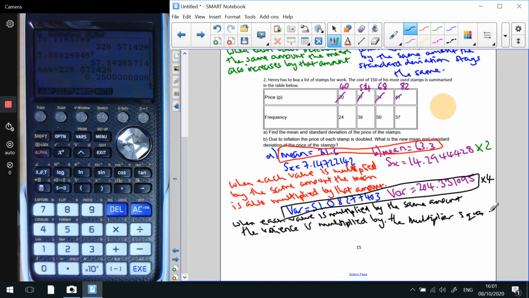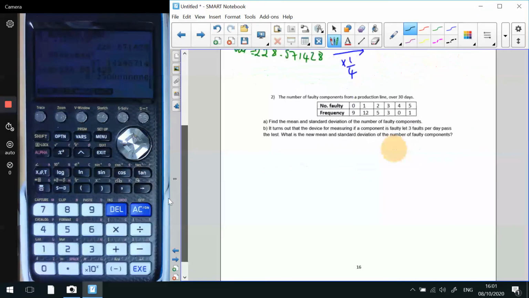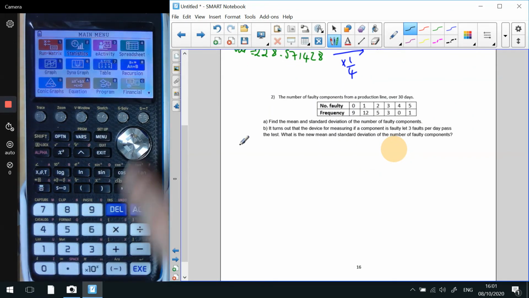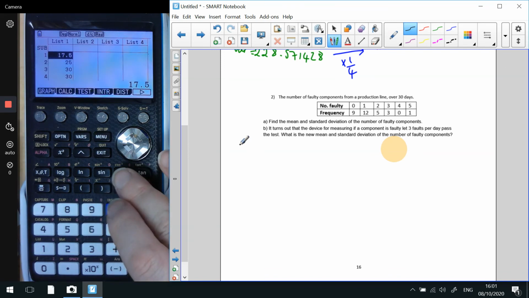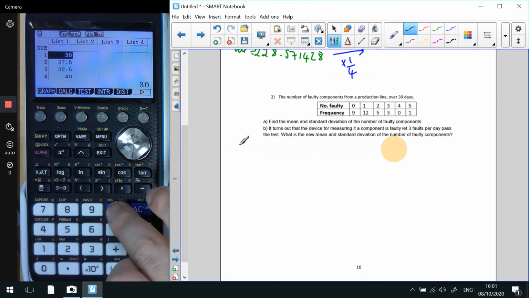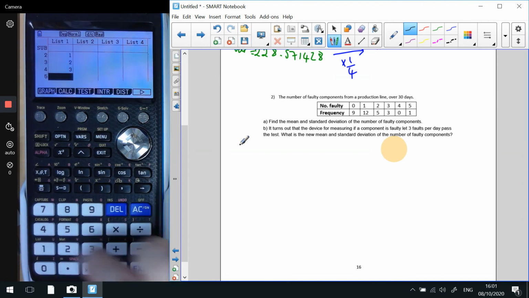When we have a look at the second Now You Try question, to start off with, we're just trying to find the mean and the standard deviation for these faulty components. So I'm going to delete all the data I have in there. So 0, 1, 2, 3, 4, 5 with frequencies 9, 12, 5, 3, 0, 1.